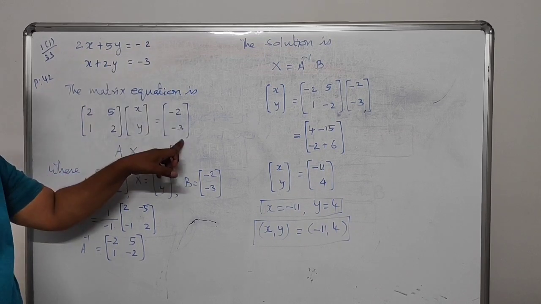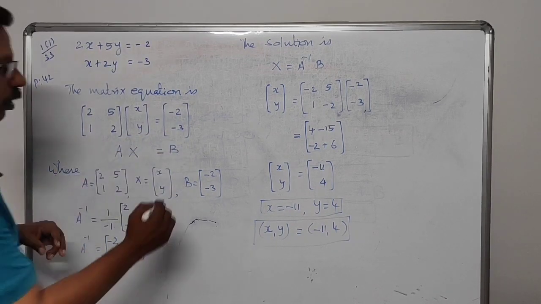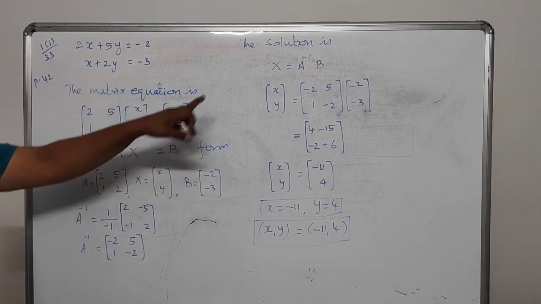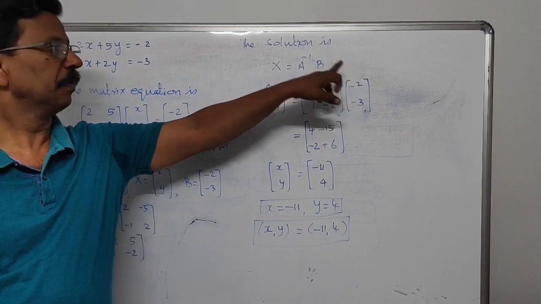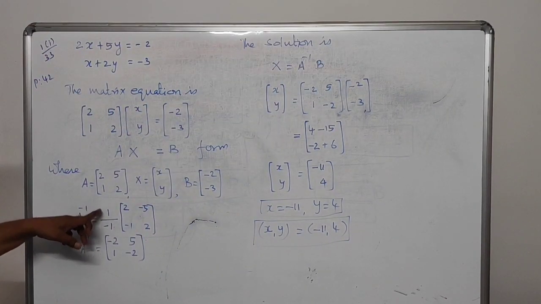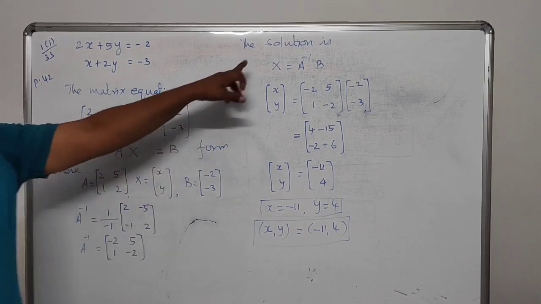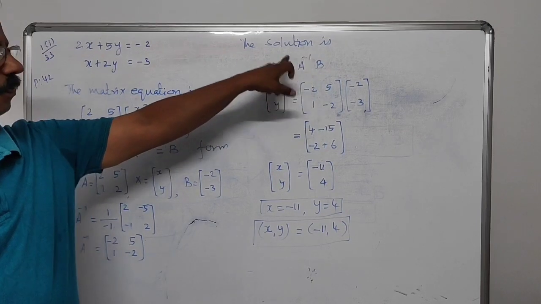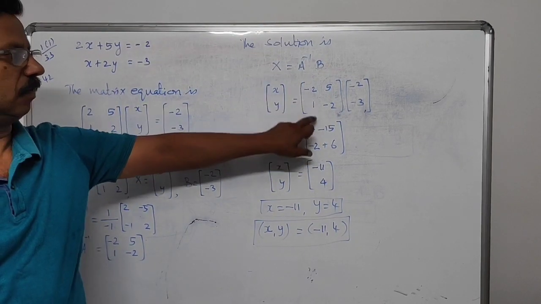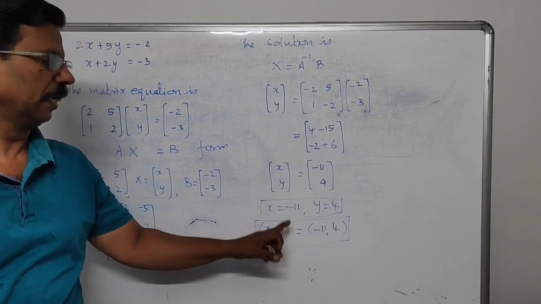Now this is of the form Ax equal to B. If it is Ax equal to B, the solution is X equal to A inverse B. Before that we find A inverse, equal to 1 by determinant A into adjoint A. We got minus 2, 5, 1, minus 2. Then we use this formula to find the solution, just replacing X matrix, A inverse and B. Then we simplify. Finally, we got the values of x and y which satisfy these two equations.